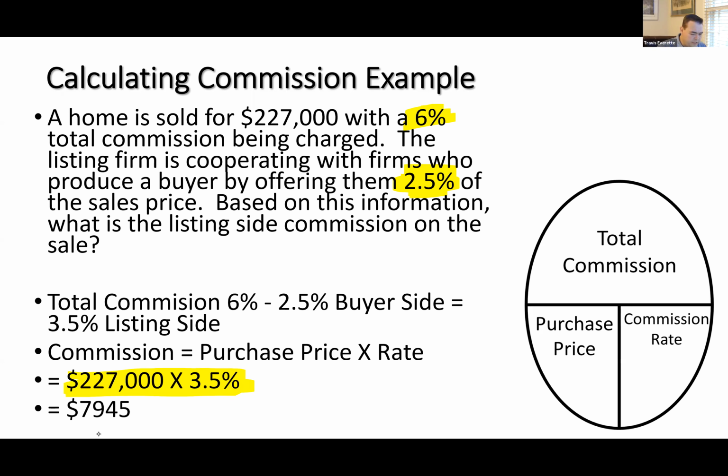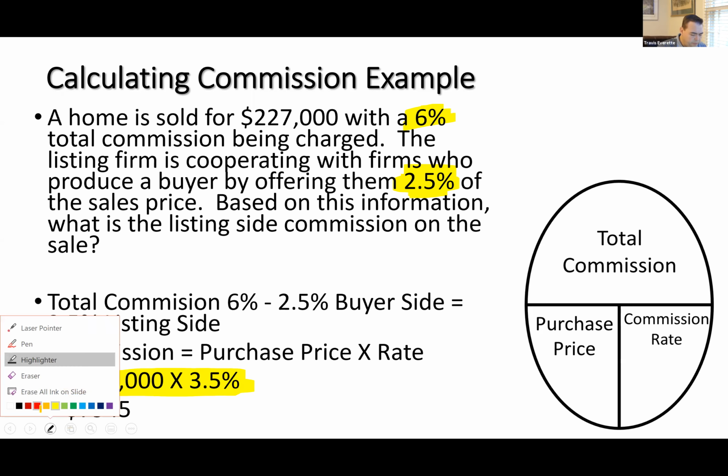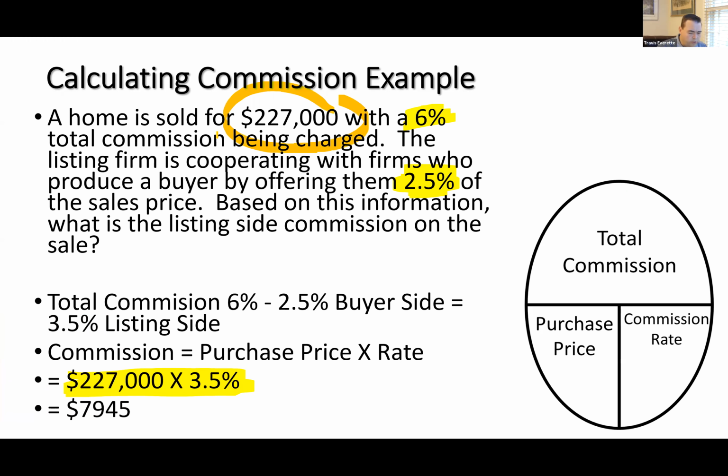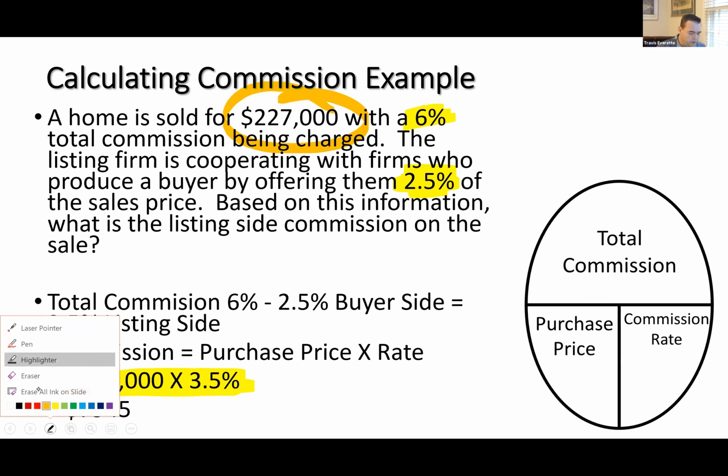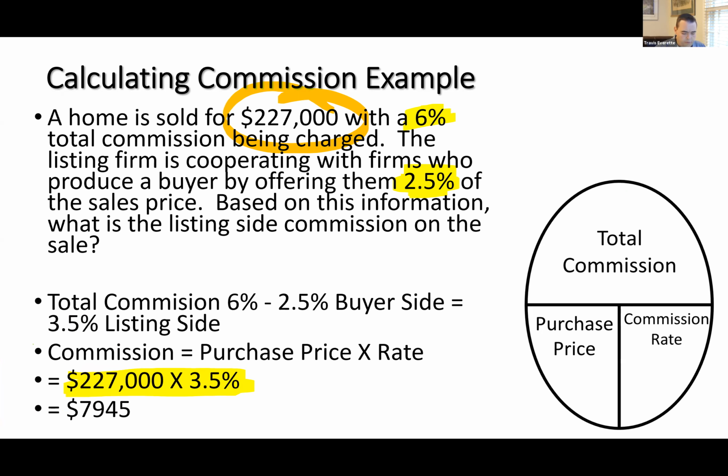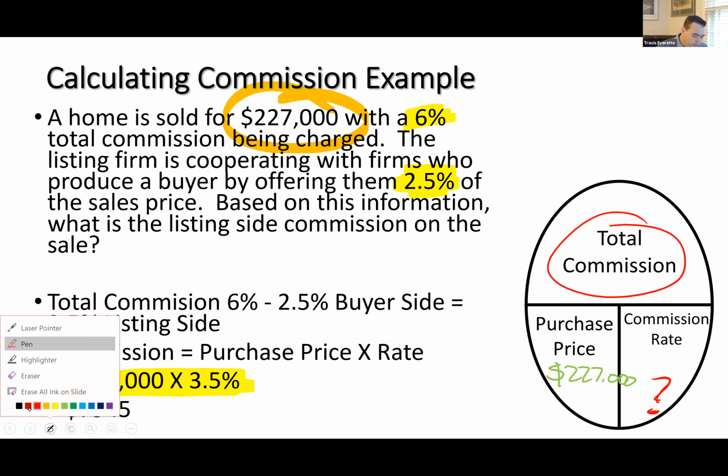If you look at this, it says here that the property sold for $227,000. So we've got a purchase price of $227,000 right there. And the real question for us is, what commission rate do we need to fill in here? Because they want to know what's the commission paid. Here is how I always do this.